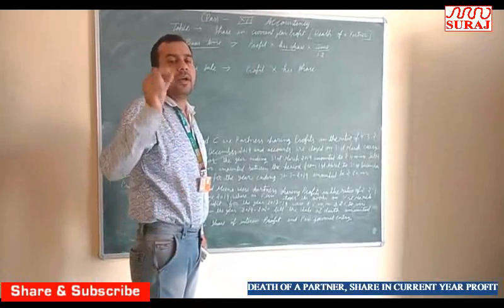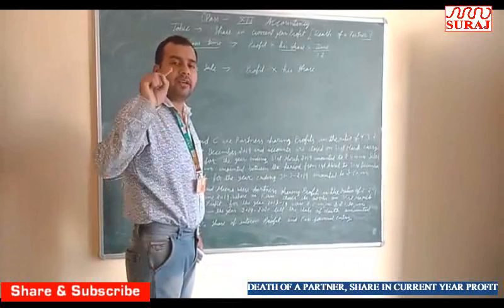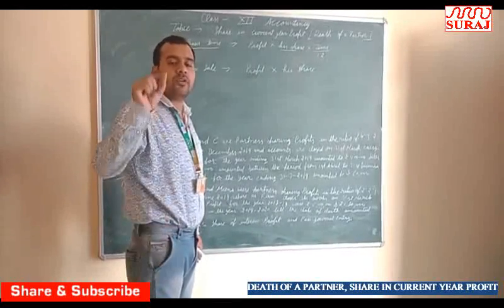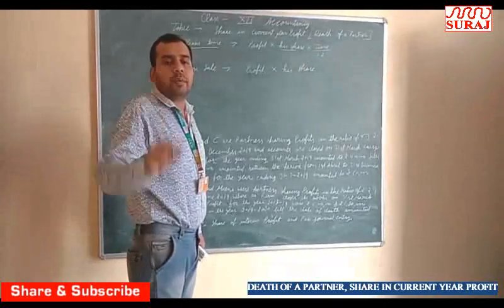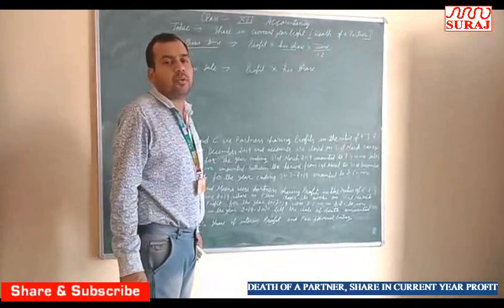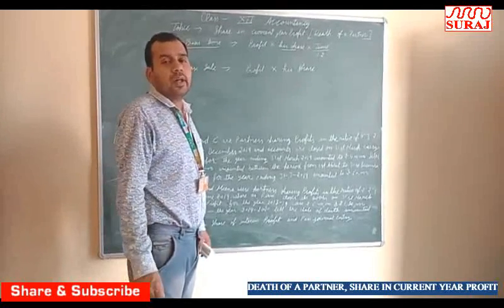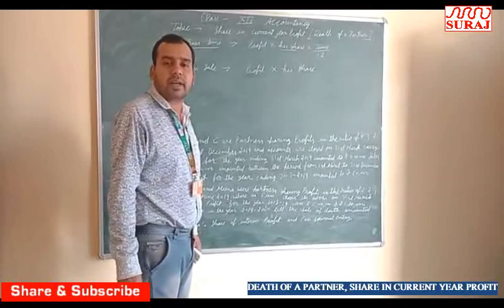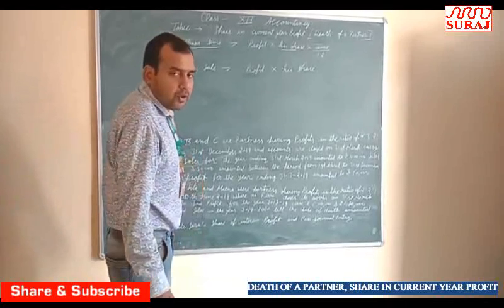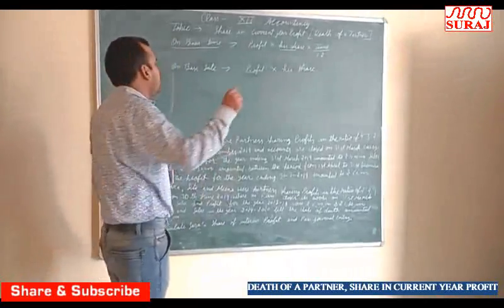If there is no change in profit ratio, that is, the new ratio is the same, then the entry will be: Total Loss Suspense Account debit to the deceased partner's capital account. If there is a change in profit ratio, then the entry will be: remaining partners' capital accounts debit to the deceased partner's capital account. In the last video, I discussed this on the basis of time.